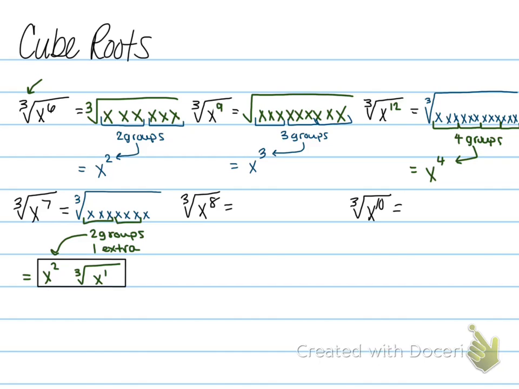Let's try x to the 8th together. I'm going to draw my 8 x's, and I'm going to put them in groups of 3. I'll notice I have 2 groups and 2 extra.